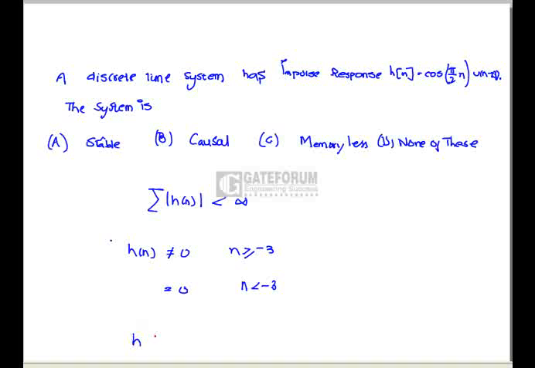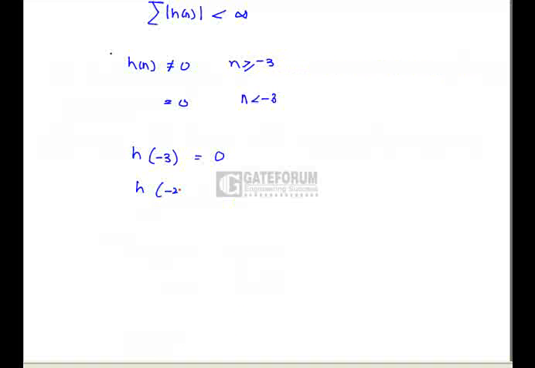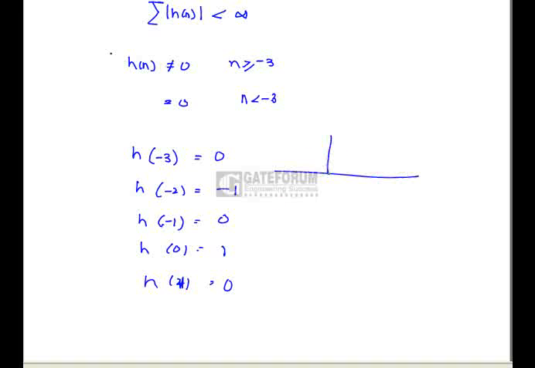Here h of minus 3 is 0, h of minus 2 is minus 1, h of minus 1 is 0, h of 0 is 1, h of 1 is 0, which means the samples are going to be repeated in this way.